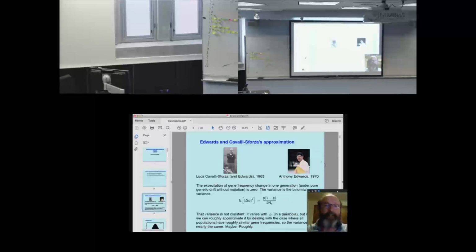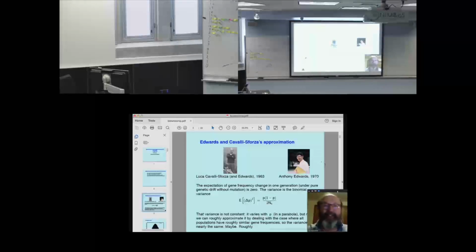Luca Cavalli-Sforza had a set of data that were gene frequencies of blood group polymorphisms in individual villages in northern Italy, in the Parma Valley. And Anthony Edwards, who was doing a sort of postdoc with him at the University of Pavia, was looking for ways to approximate the changes of gene frequency by Brownian motion, by genetic drift. And he came up with the idea of doing it by Brownian motion.